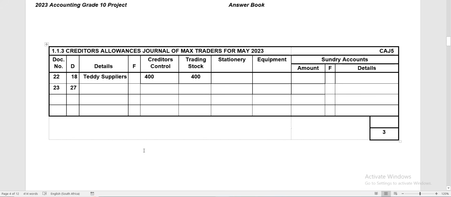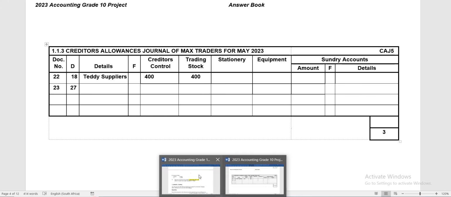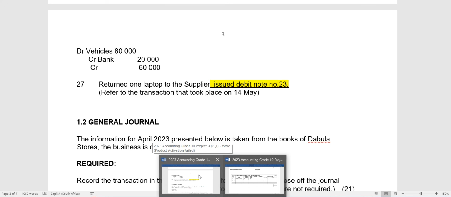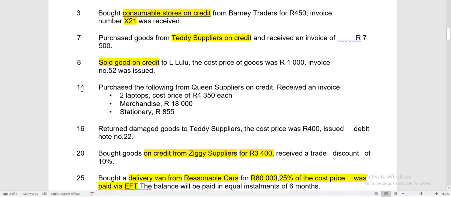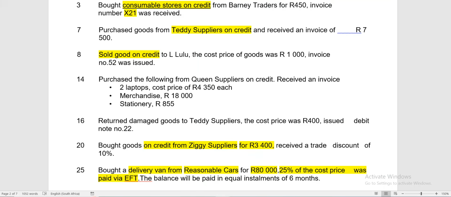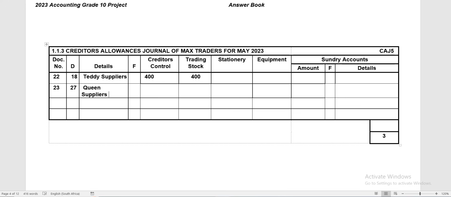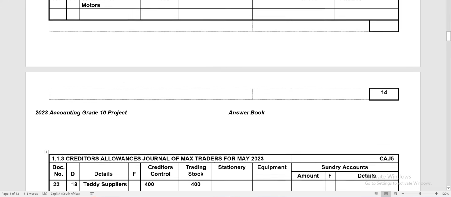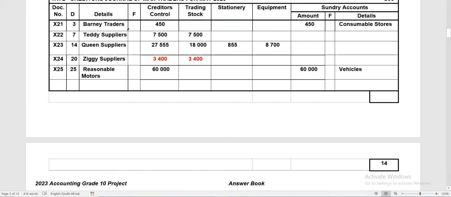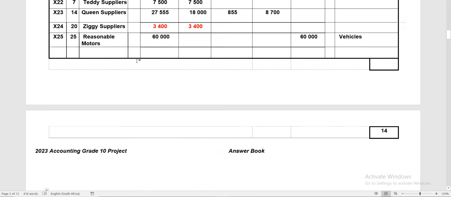And who were we buying from on that particular day? Let me check. On the 14th, we are buying from Queen Suppliers. So we're going to record Queen Suppliers here. Now I will not really focus on the folio column for this.